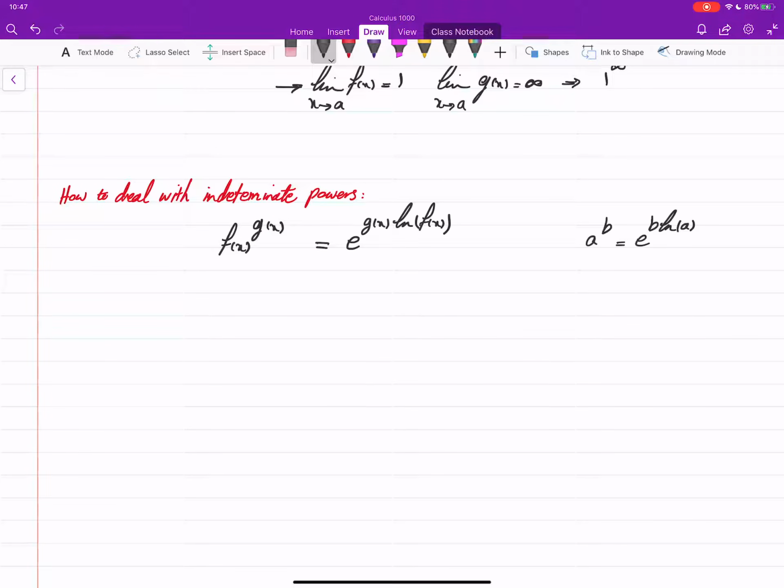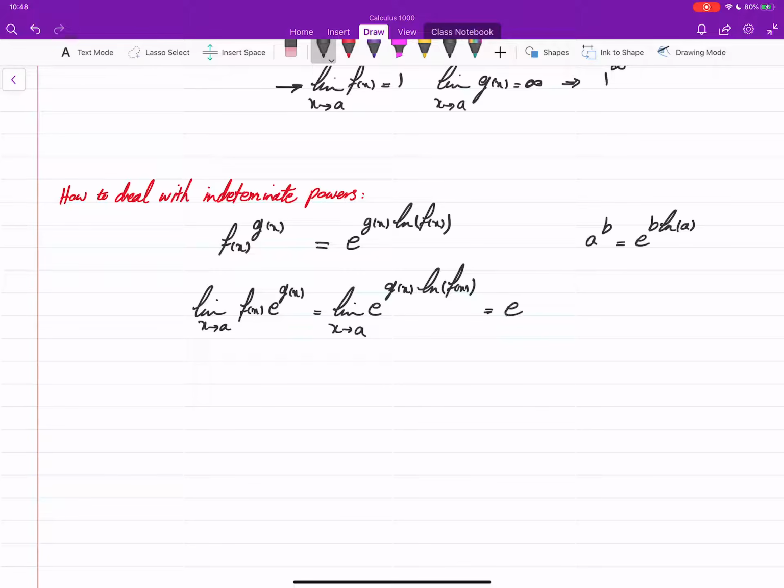So how is this going to help us? If you're looking for the limit as x approaches a of f of x to the power g of x, you can find the limit of e to the power g of x ln of f of x as x approaches a.